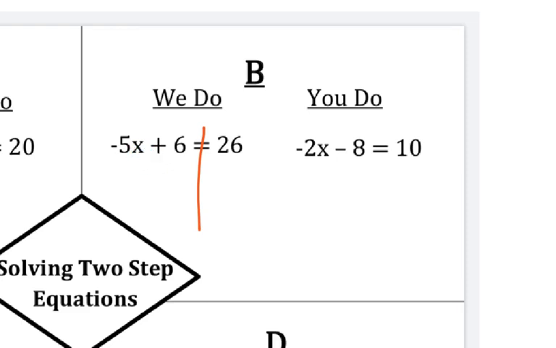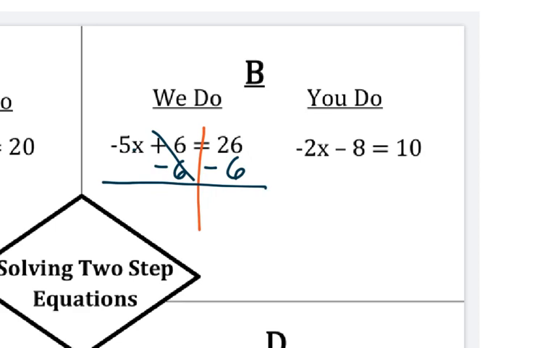To get x by itself, we need to take the constant, the number, and move it to the other side. So in this example, we begin by subtracting the number, which is 6. So I'm going to minus 6, and I'm going to minus 6. We did that because 6 minus 6 is 0, which means that term is now gone.